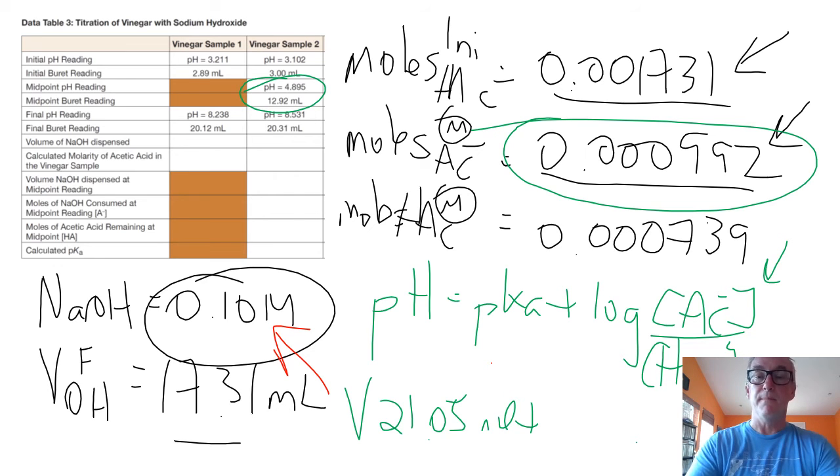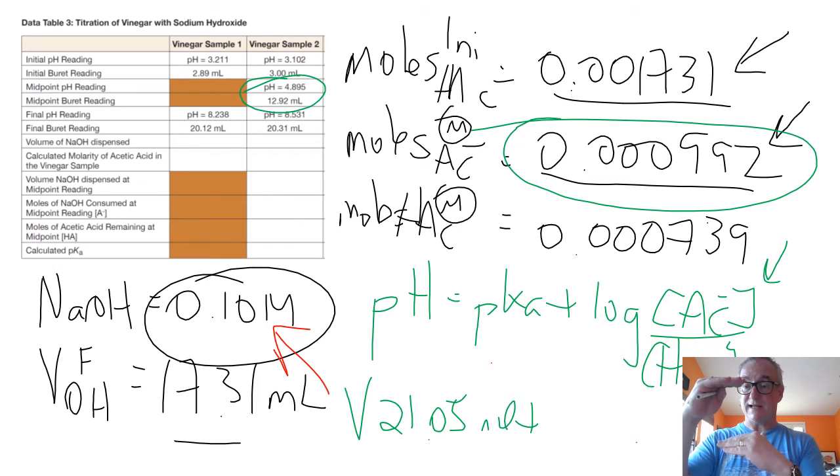Because the ratio of moles of acetate to moles of acetic acid is exactly the same as the concentration of acetate divided by the concentration of acetic acid.